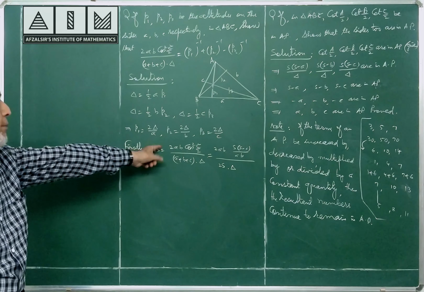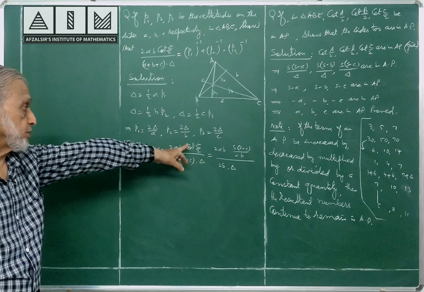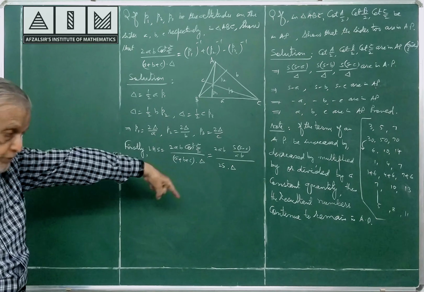See once again, 2AB cos square C by 2 without root because it is square here. A plus B plus C is 2S, delta.